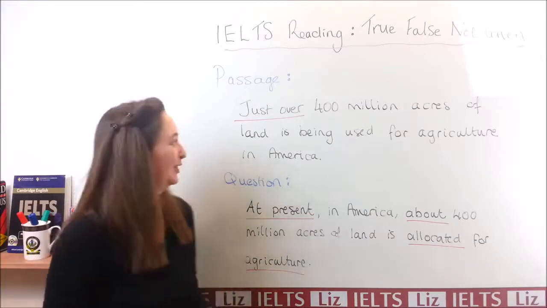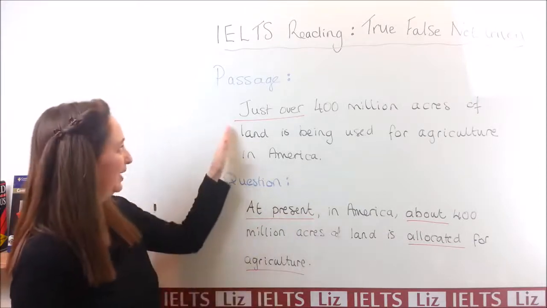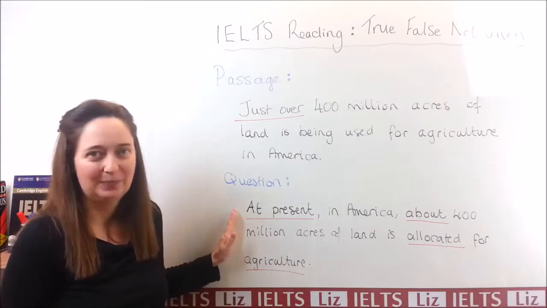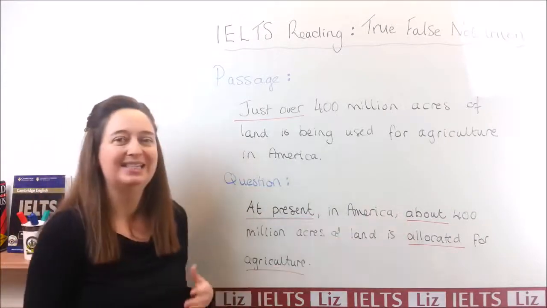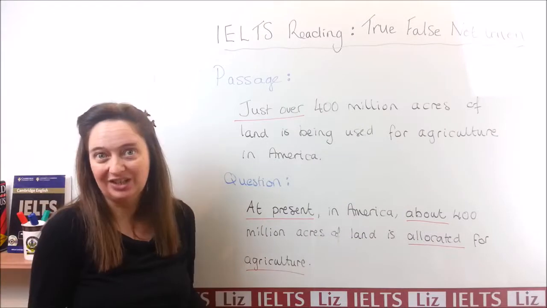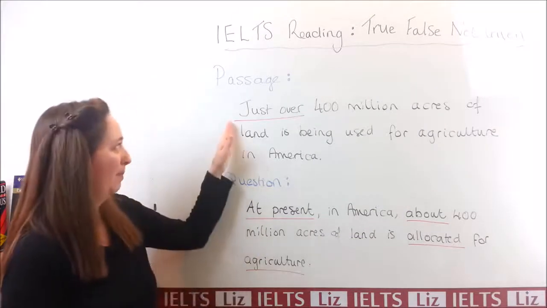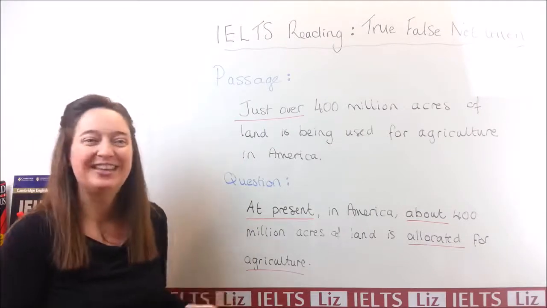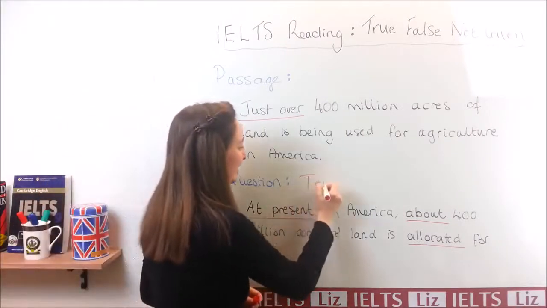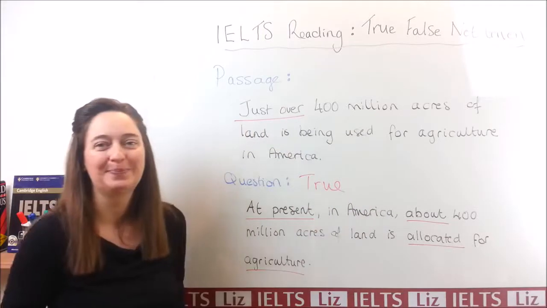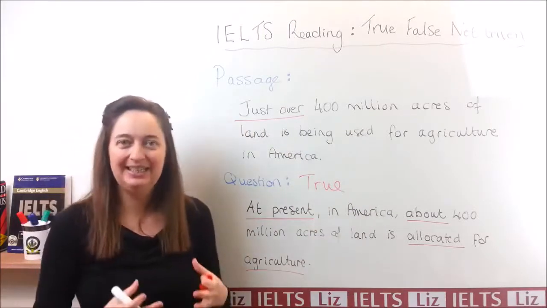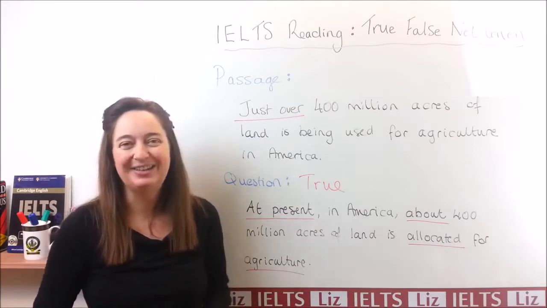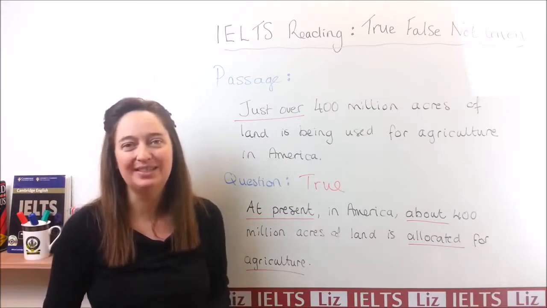So now we take a look more carefully and we can see actually that the information does match, because about has the same meaning: just over, just under. And here we've got a match. Just over 400 million acres. So the answer for this one is true. So you can see there are many different traps and difficulties that you can have with these types of questions.